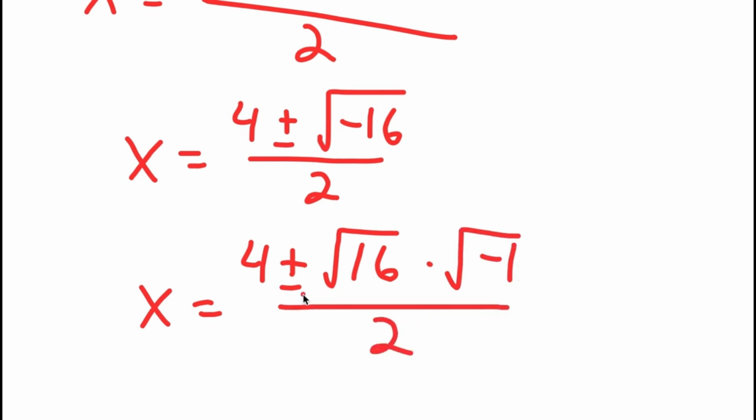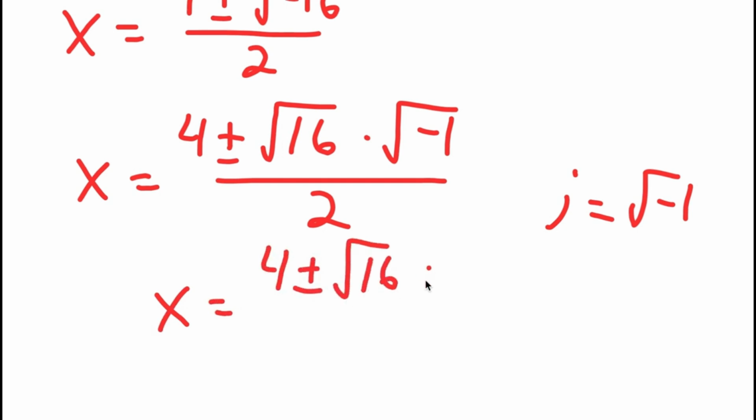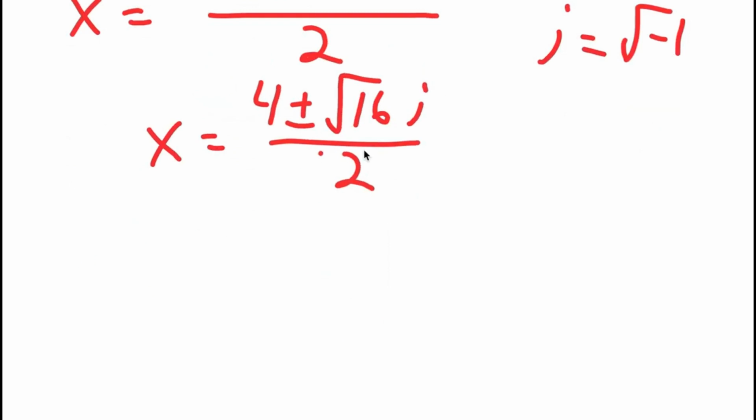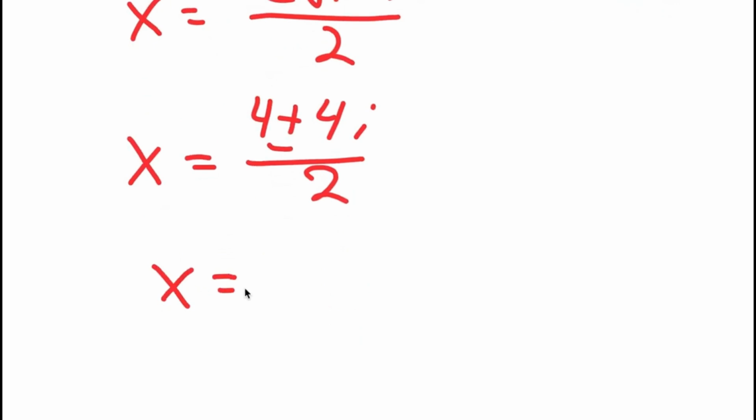And now I have this over 2. And if you guys didn't already know, the imaginary number i is equal to the square root of negative 1. So now I have x is equal to 4 plus or minus the square root of 16 i over 2. Now the square root of 16 is simply 4. So I get x is equal to 4 plus or minus 4i over 2, which is equal to 2 plus or minus 2i.